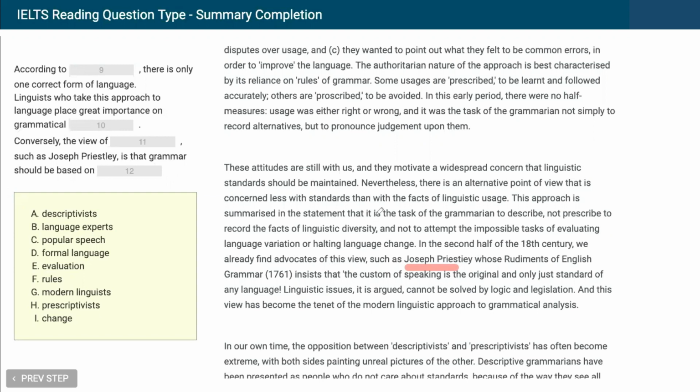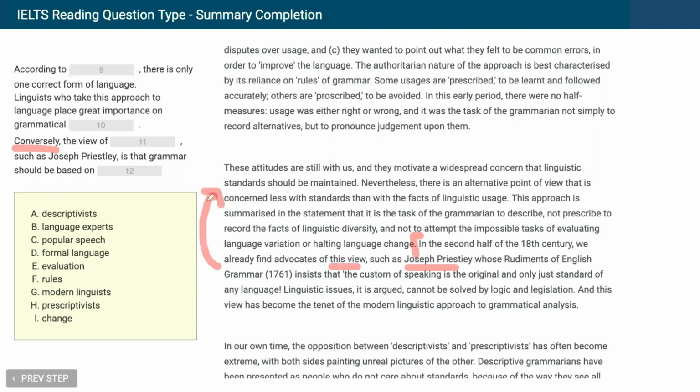So let's go ahead and figure out who Joseph Priestley is because it's probably obvious at this point that he is not a prescriptivist because it says conversely. So let's continue here. I'll just start. In the second half of the 18th century, we already find advocates of this view. So the view is probably located earlier up here.